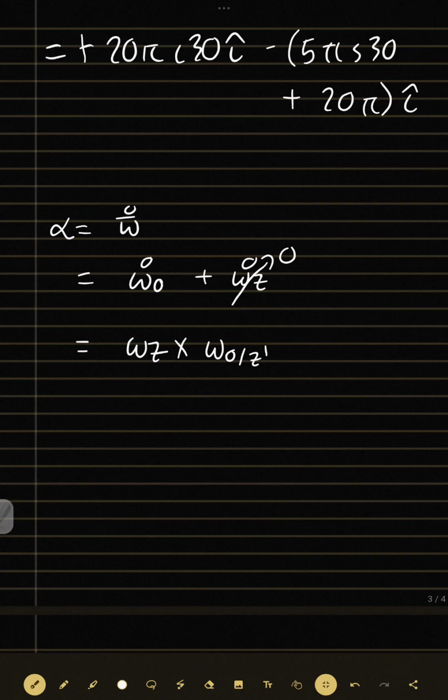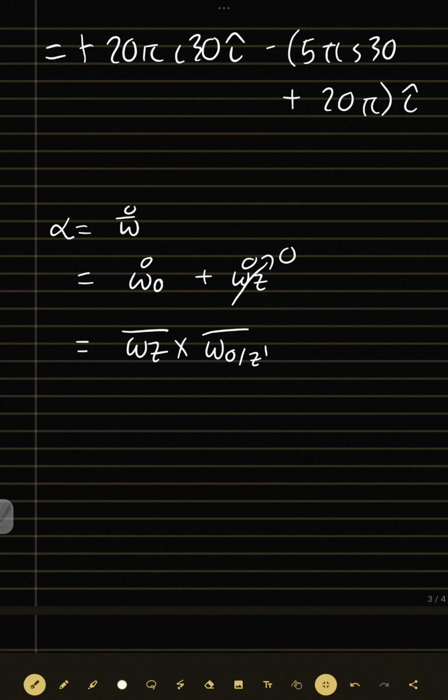If you have not understood, I will explain once again. Compare this problem with the first diagram, the diagram of omega and r. This is capital Z and this is small z about which omega naught is there and it is precessing.